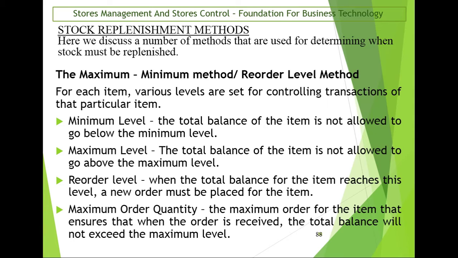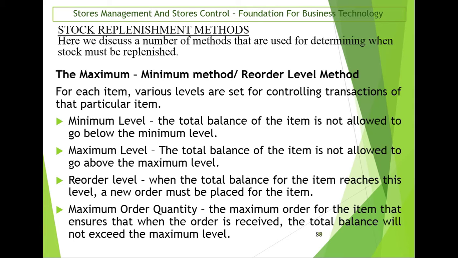The first method is the maximum minimum method, also known as the reorder level method. For each single item, we set various levels for controlling transactions for that particular item. Firstly, we set a minimum level.